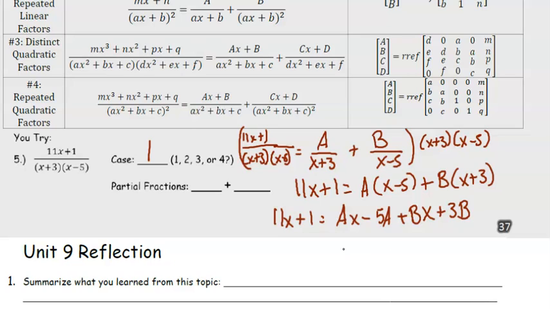From here, let's go ahead and separate our coefficients. We have the x coefficient, which will be a plus b, because we're taking this one and this one. And then we have our constants, minus 5a and plus 3b.